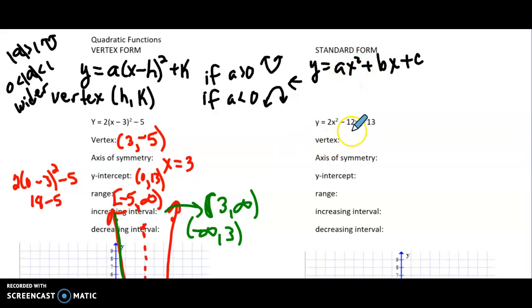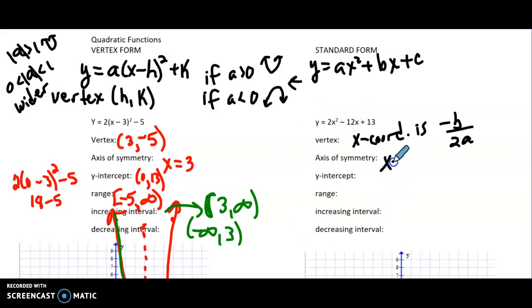The vertex, however, guys, the x-coordinate of the vertex is always going to be the opposite of b over twice a. Now, you could find that by completing the square over and over again, or you can memorize that that's where the vertex happens. The opposite of b divided by twice a.